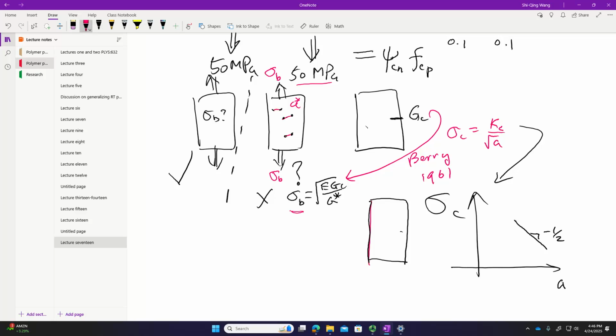And what they find is this. What does that mean? When the notch is sufficiently small, it's the same as without notch.